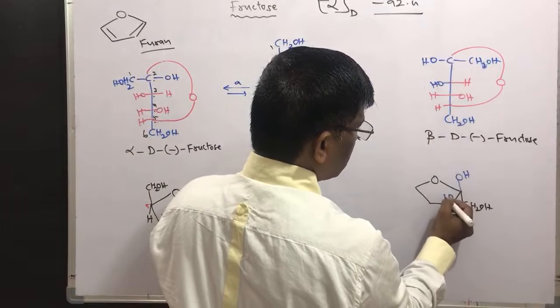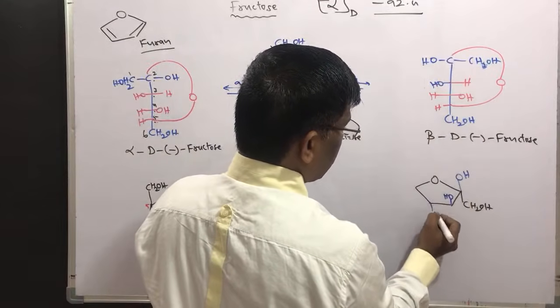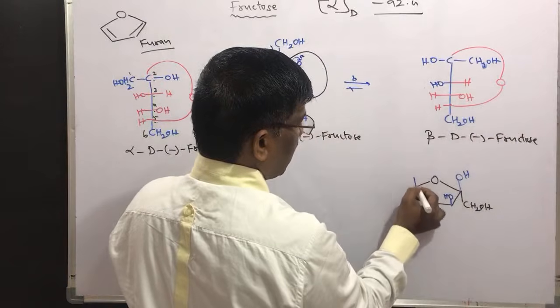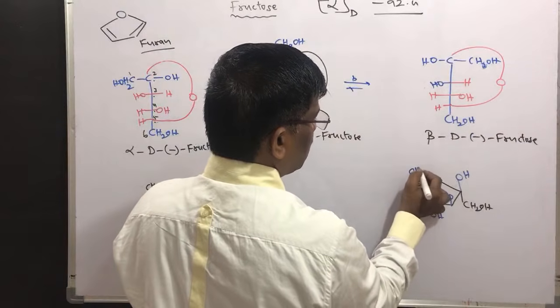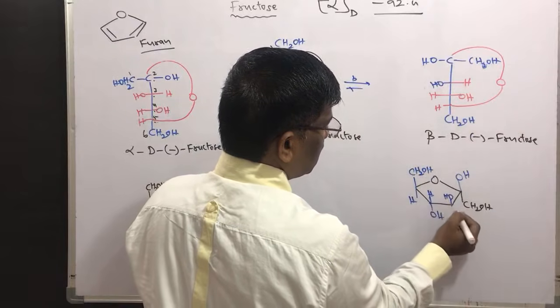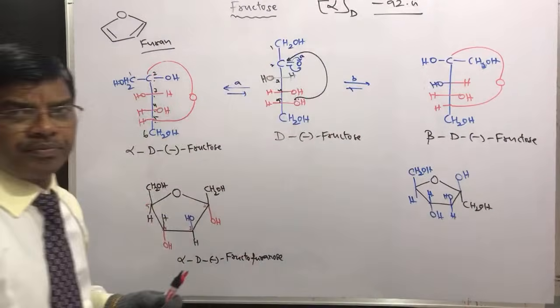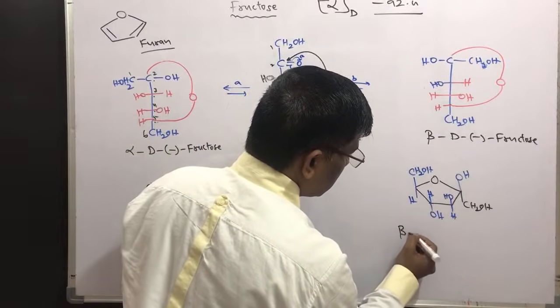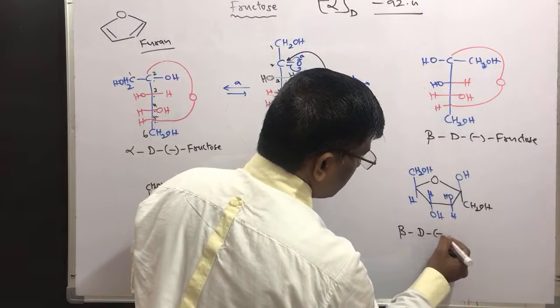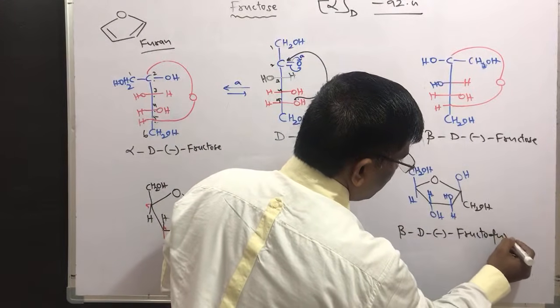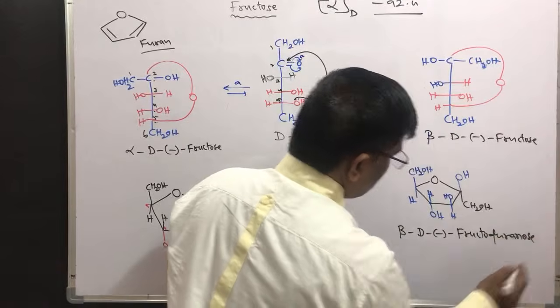So inside, right side. And this is already cyclized. And what about this CH2OH? Is it going to disturb? No, it is going to be the same, and the remaining are the hydroxy groups. And this is beta-D-fructofuranose.